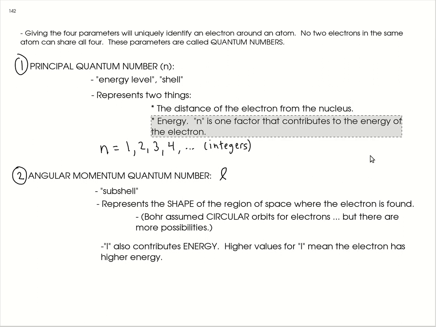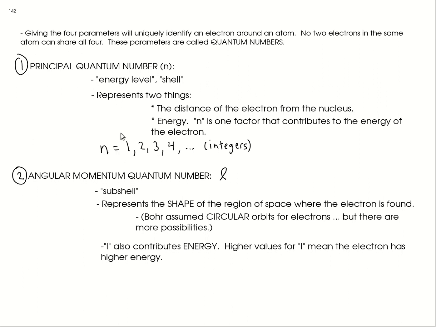The energy of the electron basically came from how far it was from the nucleus. In quantum mechanics, basically the principal quantum number represents the same thing, the distance of the electron from the nucleus, but it's only part of what contributes to the energy of the electron. So, mostly similar to the Bohr model, but some slight differences.